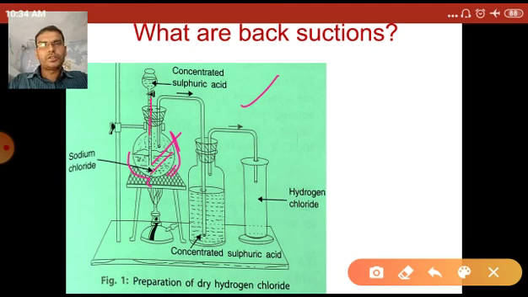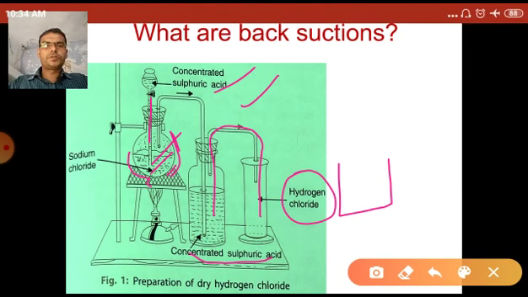Through the thistle funnel, we add the sulfuric acid. Then hydrogen chloride gas is produced, and this hydrogen chloride gas is dried in concentrated sulfuric acid. After drying, the hydrogen chloride gas, which is less soluble in the sulfuric acid, goes out through this tube and enters into a gas jar. Now hydrogen chloride gas is prepared through this process.